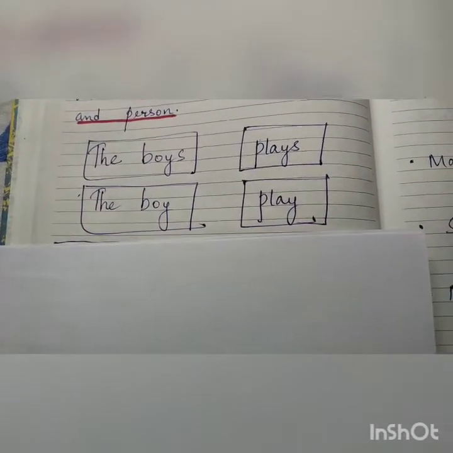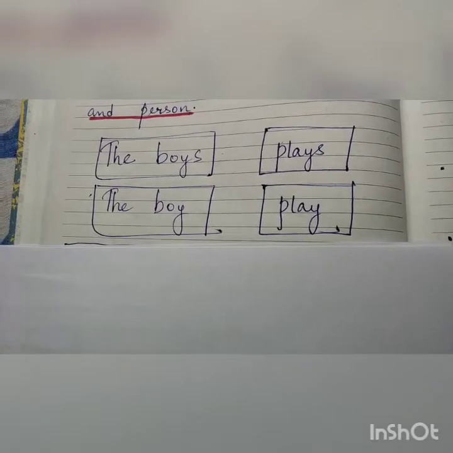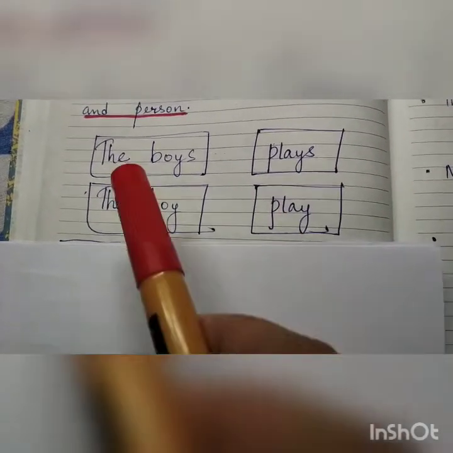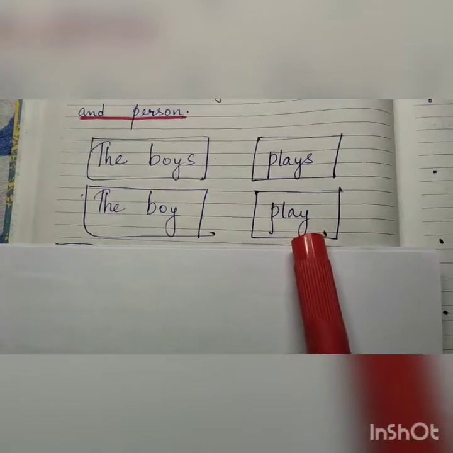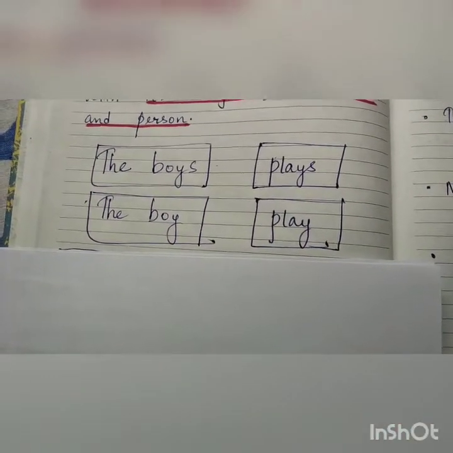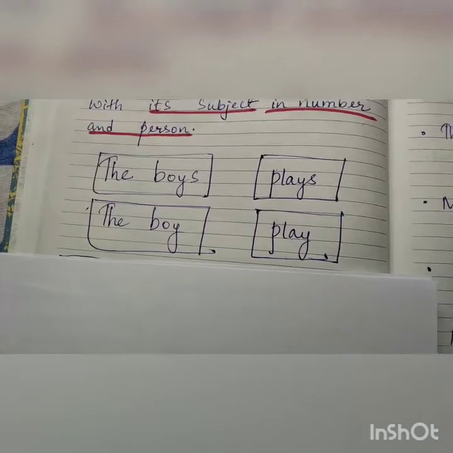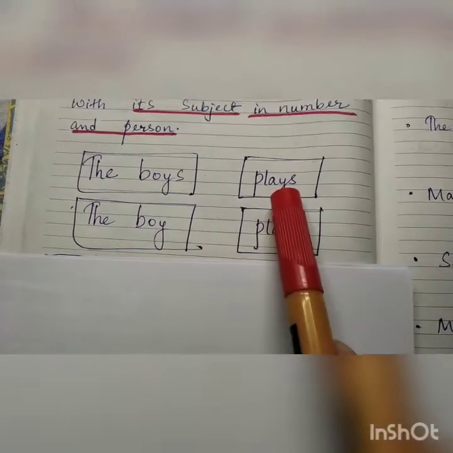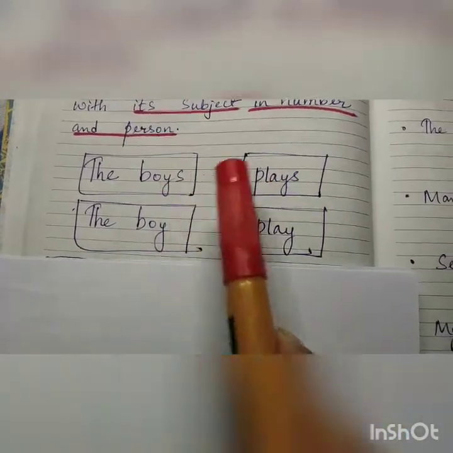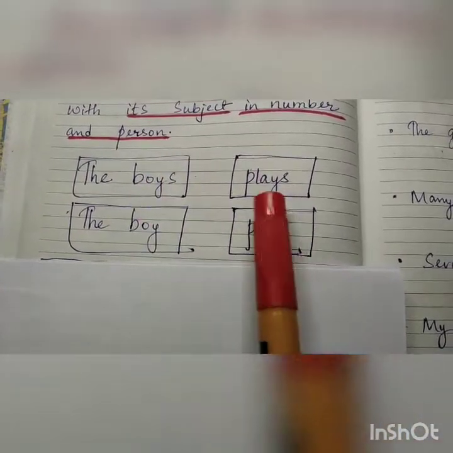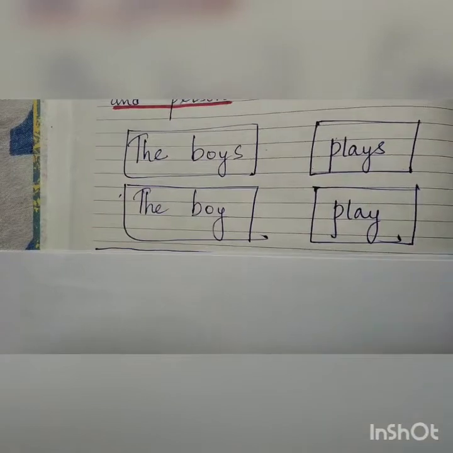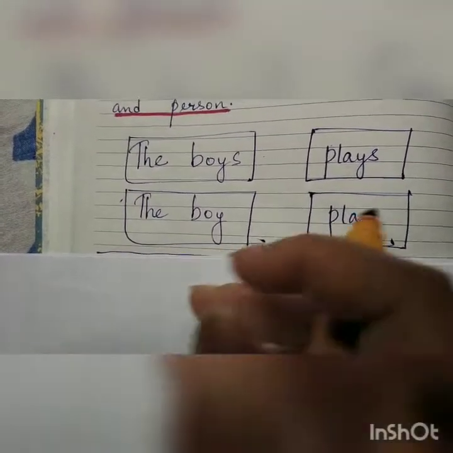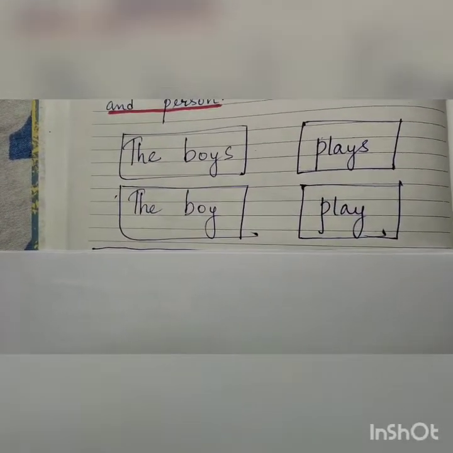So now, I'll give you one example here. The boys plays, the boy play. Now you see, the boys and plays, these two parts don't match with each other. The boy and play, even these two parts don't match with each other.